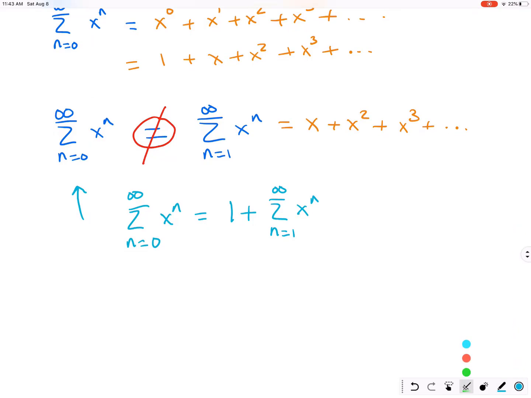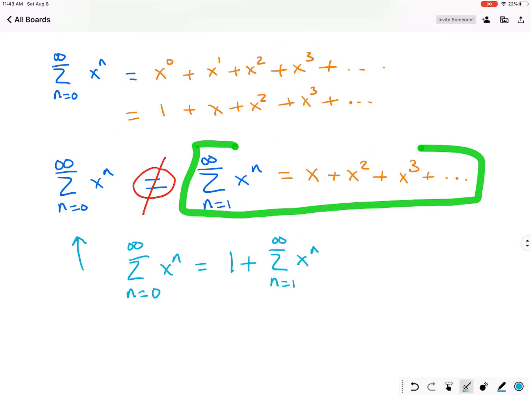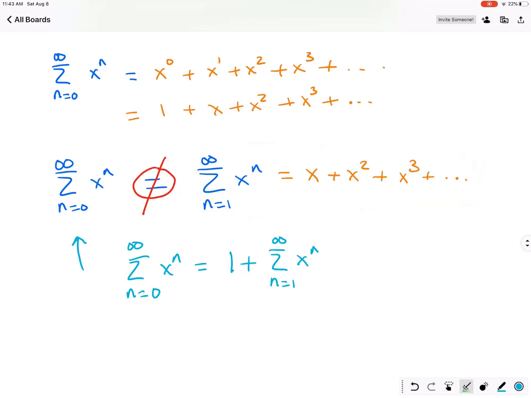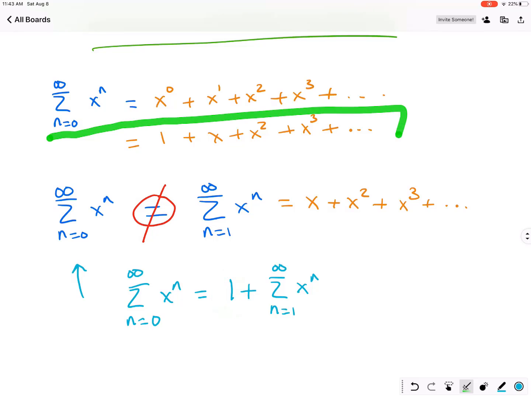Why? Well, because, as I said before, the summation with n equals 1 to infinity of x raised to the n is equal to x plus x squared plus x cubed. And then if I add 1 to that, I get the same thing as when I did the summation that I have written on the left.